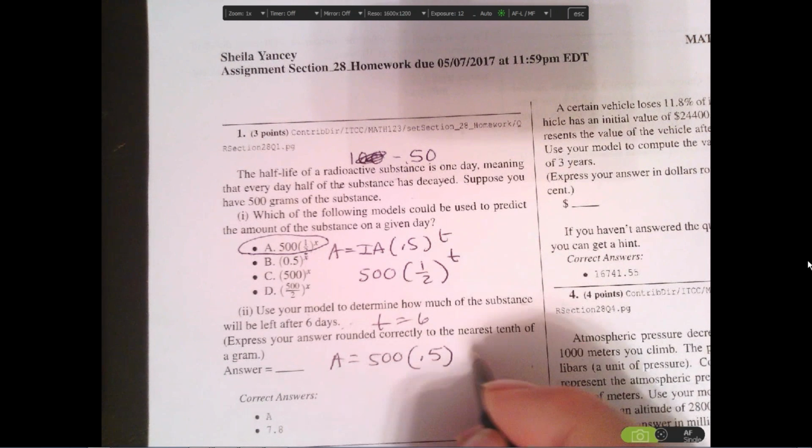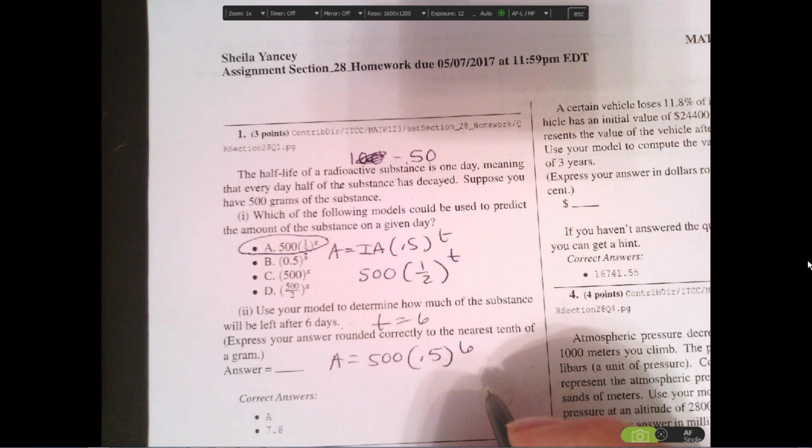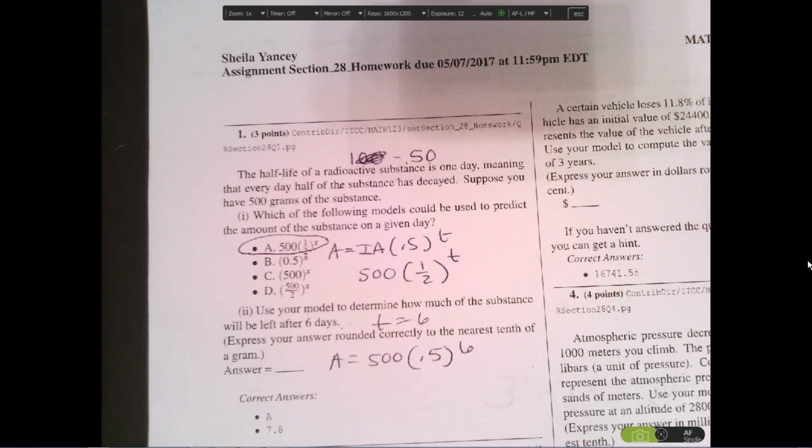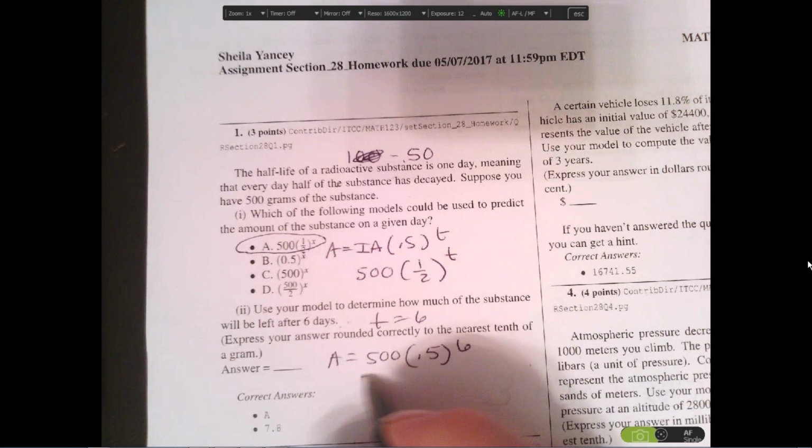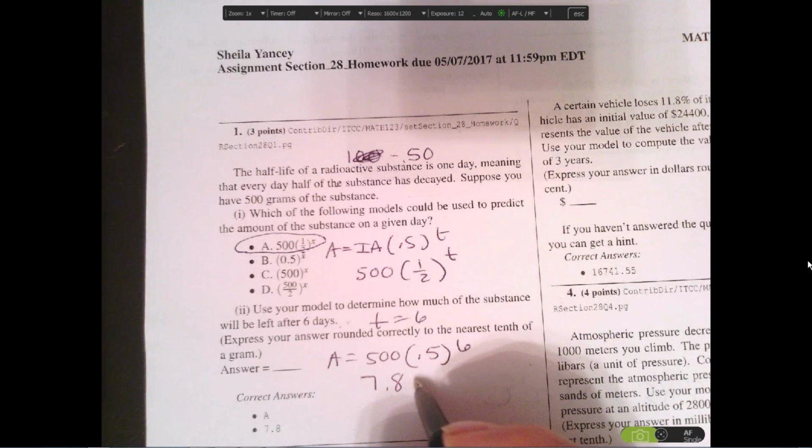T equals 6. And we get 7.8, and that was grams.